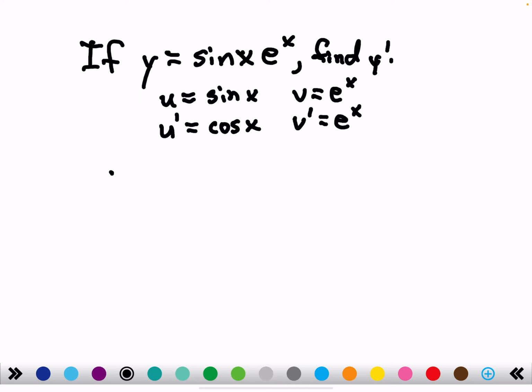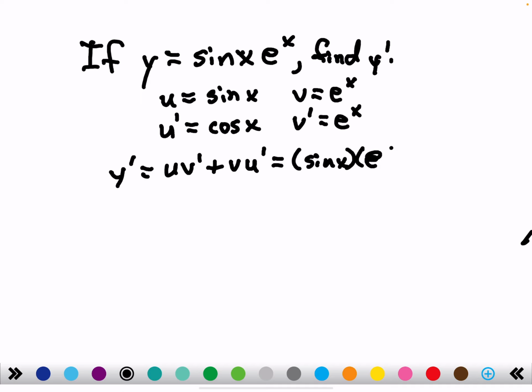Now, remember the formula that we had. Y prime is the first times the derivative of the second plus the second times the derivative of the first. Now just plug in the values that we had by writing these down. So u is sine x times v prime is e to the x plus v is e to the x times u prime, which is cosine x.